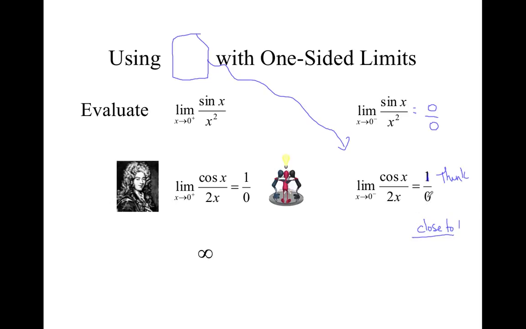Your denominator isn't 0. It's 2 times numbers really, really close to 0, but they are negative. So they're really small negative numbers. Numerator staying close to 1, denominator getting smaller and smaller and smaller. They're negative. This limit is asking you about the function behavior. How is the function behaving on the left side of 0?